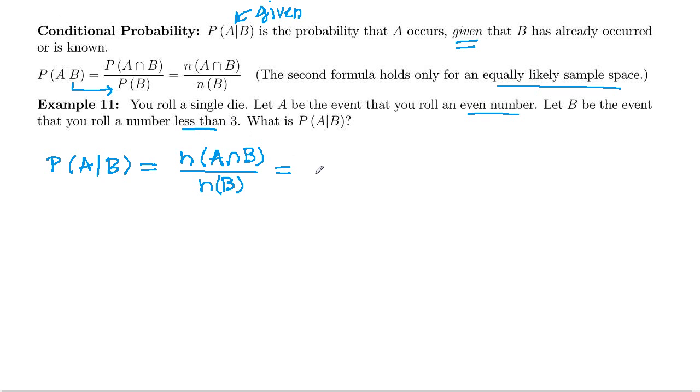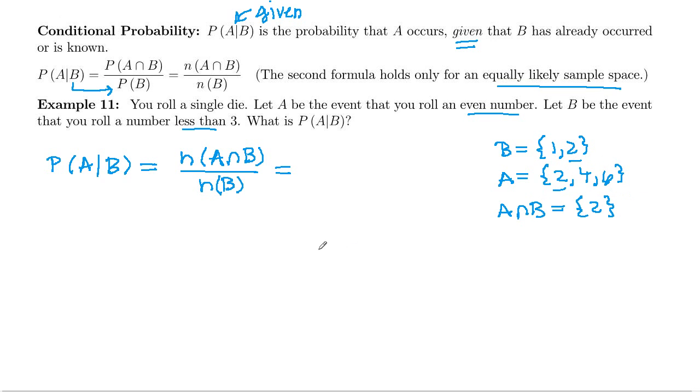There are only 2 outcomes in B, right? B is just 1 and 2. And then A is an even number, so that's 2, 4, 6. And then A and B, the overlap, is just the number 2, right? 2 is the only thing in both sets.